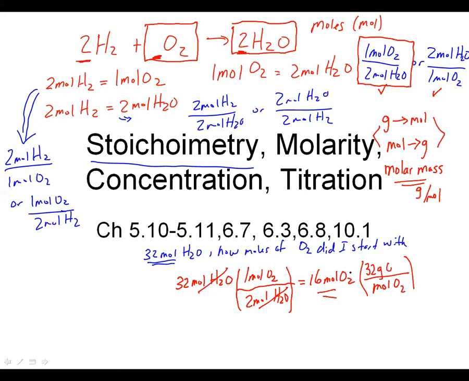The moles of O2 would cancel each other out, and we would take 16 times 32, which gets us something like 512 grams of O2. If you want to get specific, significant figure wise, 510 grams would be the right answer, but we won't look at that at this moment.